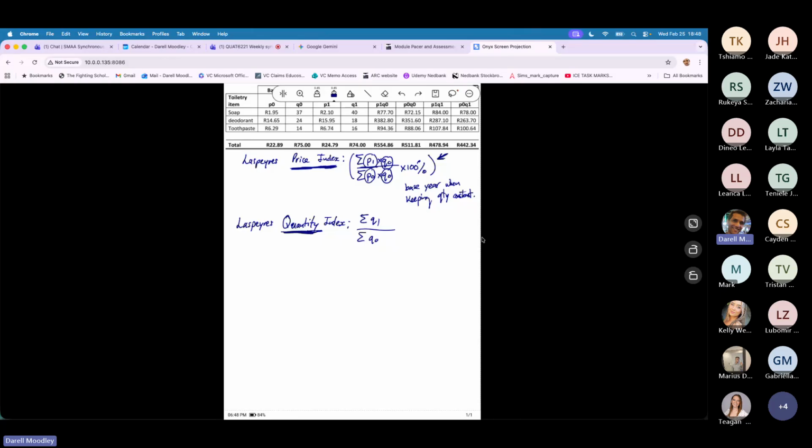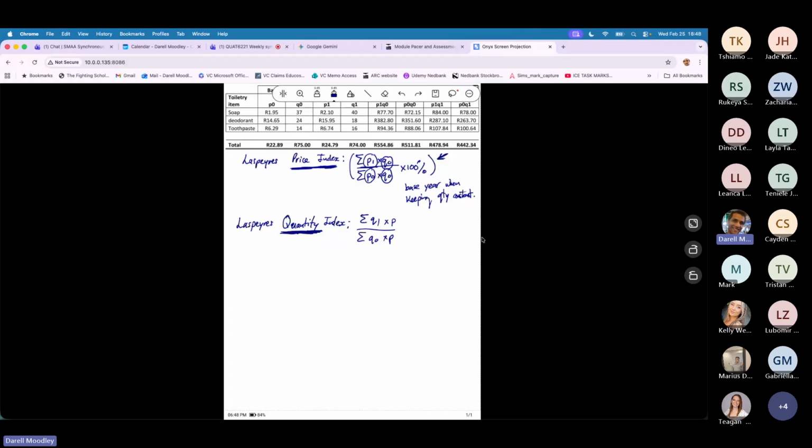You want to see how the price in the current year changes with respect to the price in the base year. In that same principle, if I want to see how quantity has changed, then I need to look at the quantity in the current year relative to the quantity in the base year. Now, I have quantity that's changed, but I need to keep the price constant this time because that's going to be my weight.